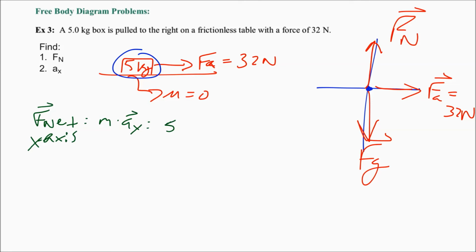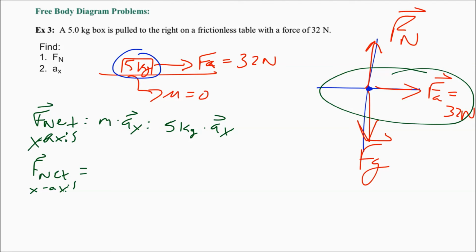So that's going to be 5 kilograms times whatever the acceleration is. We don't know that yet. And then the next F-net statement is the sum of all the forces in the x-axis. So here's the x-axis, and all the forces in it are the force applied, which means that the F-net in the x-axis is equal to 32 newtons.